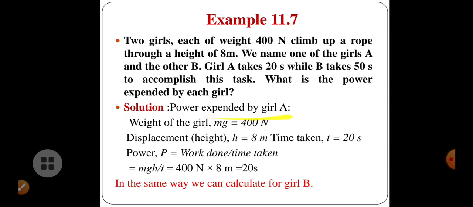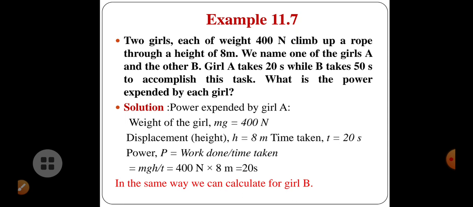Power expended by girl A: weight is given, displacement is given, time taken is given. So power is equal to mgh by t. As we discussed in that slide, power is work by time, and work can be written as mgh, divided by time, and we can calculate it with 20 seconds.